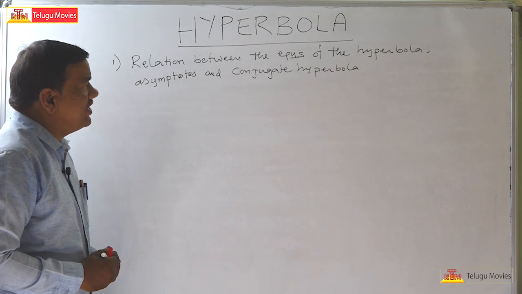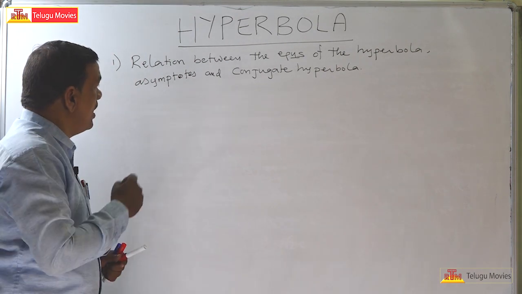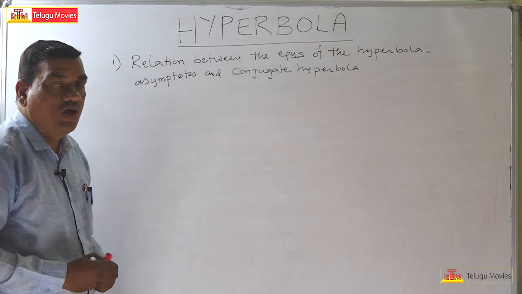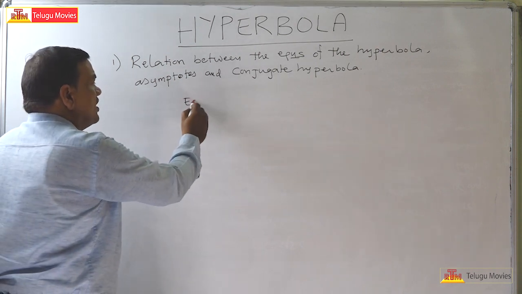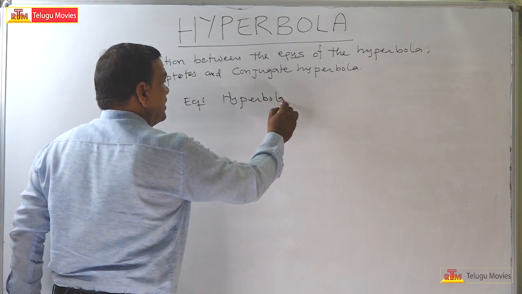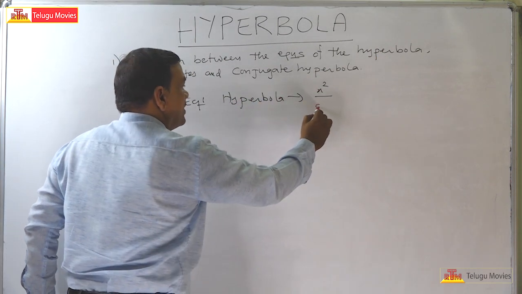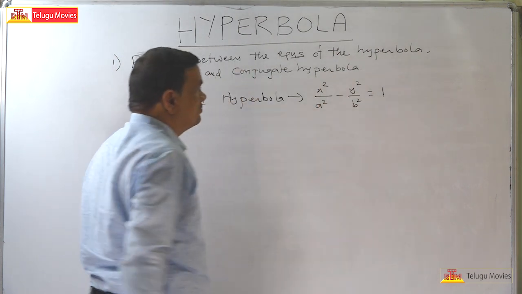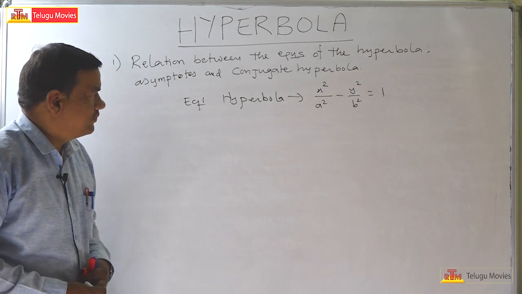Relation between the equations of the hyperbola, the asymptotes, and the conjugate hyperbola. First of all, what is the equation of the hyperbola? The hyperbola equation is x square by a square minus y square by b square is equal to 1. Everybody knows that.